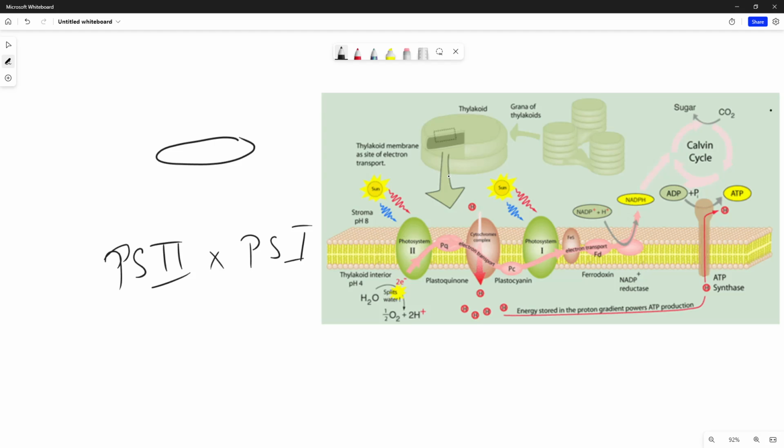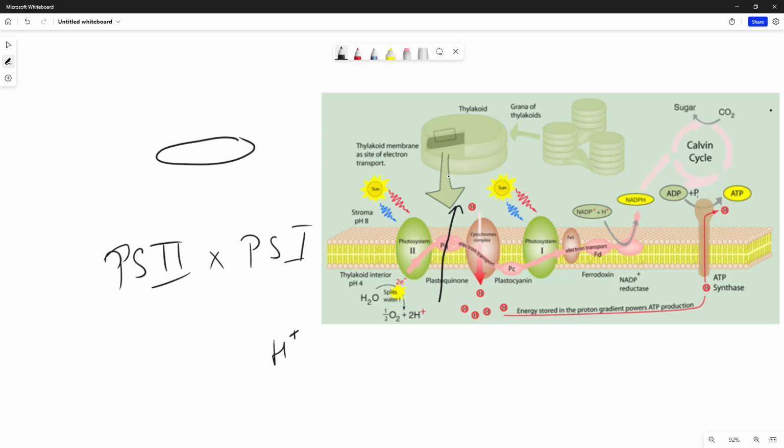Once the sun hits photosystem 2 with its light, it absorbs it, and this excites an electron, which moves down the electron transport chain until photosystem 1. While this is happening, some of the protons, which we deem as H plus ions, are getting pumped across the membrane.